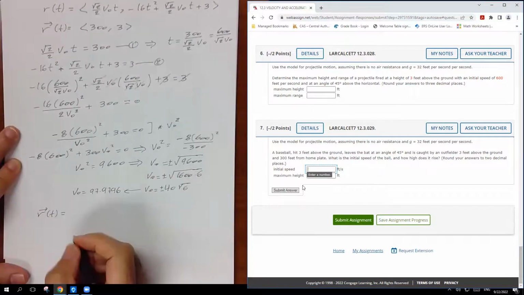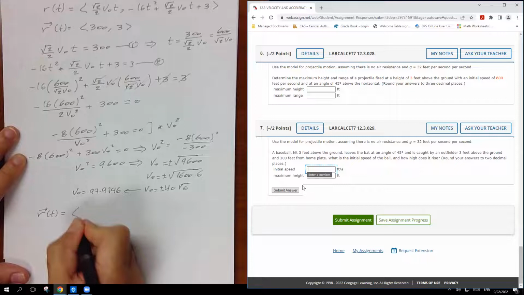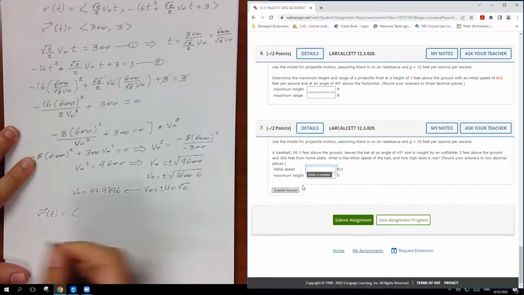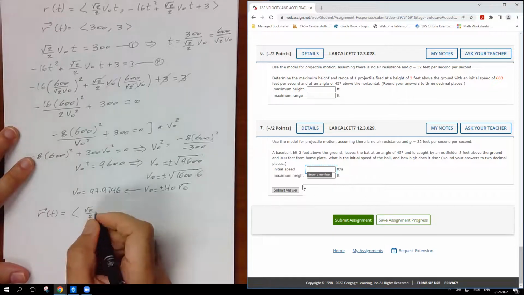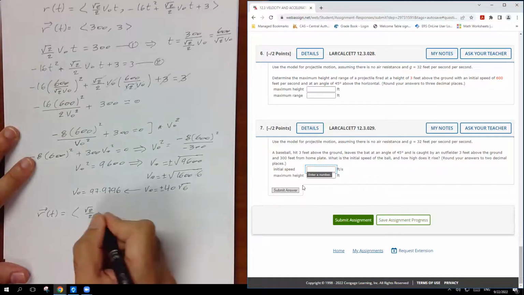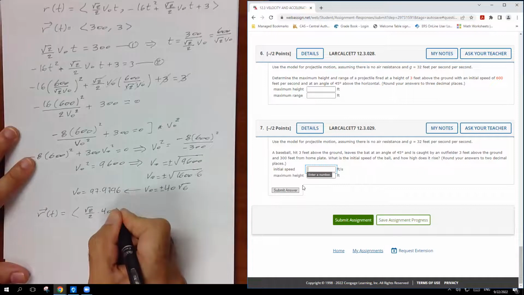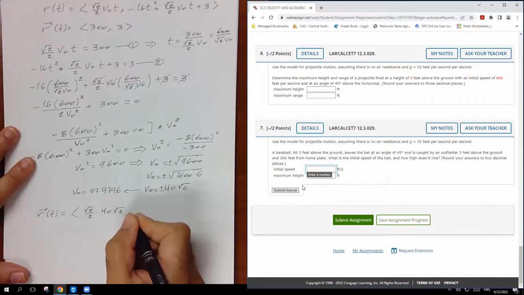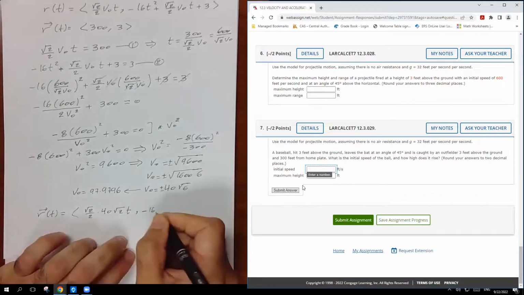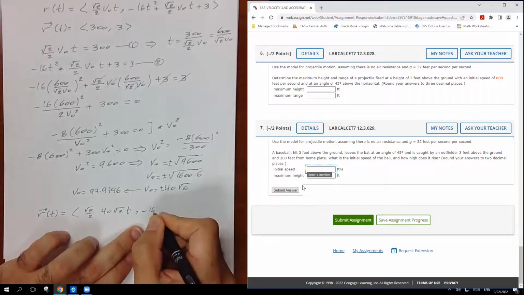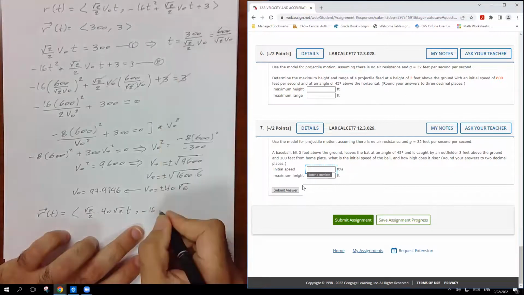So find the position vector, plug in V naught: square root of 2 divided by 2, V naught is 40 square root of 2, times t, and here is negative 16 t squared.